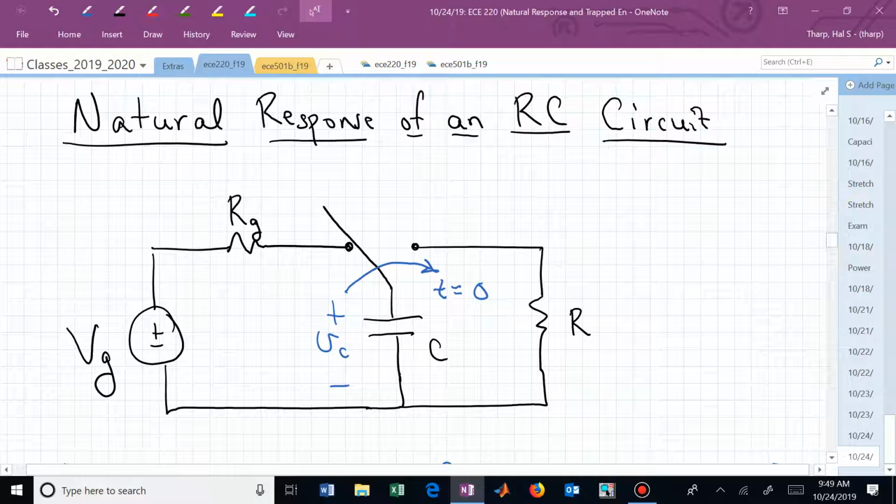That switch is there to energize the capacitor, create some initial condition on that capacitor, so that when we swing that switch at t equals 0 to the other side, we now have an RC circuit, but that capacitor has some energy associated with it that will then dissipate through that resistor.